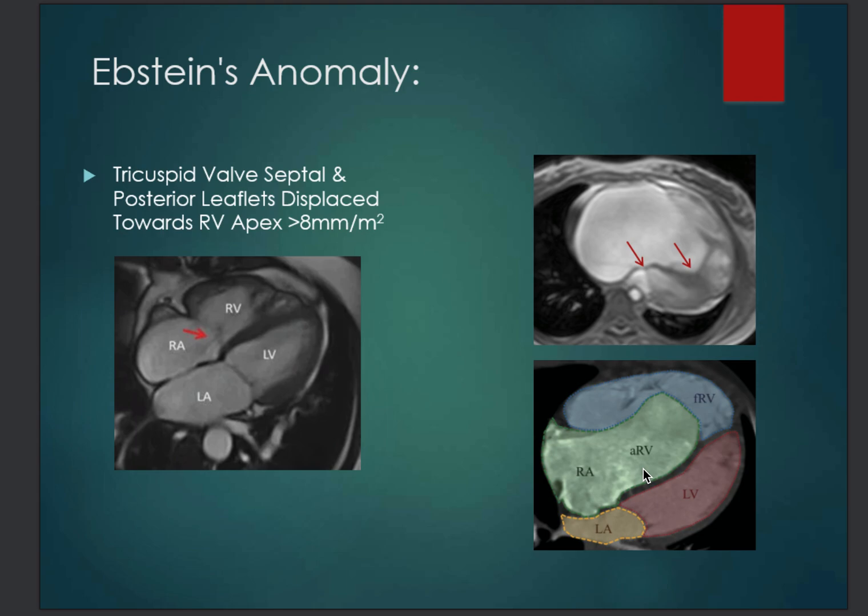So there are some prognostic indicators for the function of the heart in Ebstein anomaly, where you would be able to measure the total right side in ratio to the total left side in the end-diastolic volume.